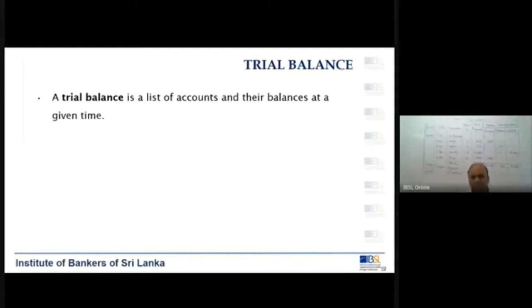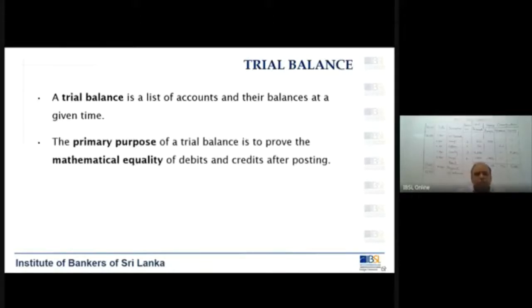And that is what we call a trial balance. So a trial balance is a list of accounts and their balances at a given time. Even though we say it is at a given time, it is probably at the end of the day when the systems close the day-end procedure.